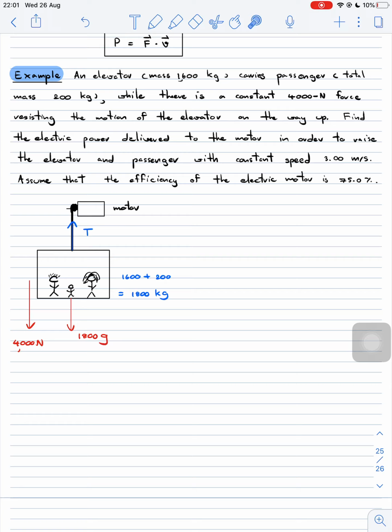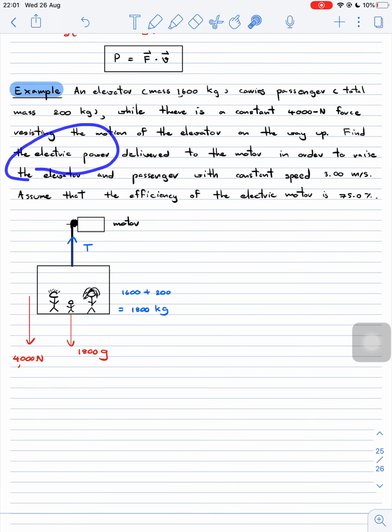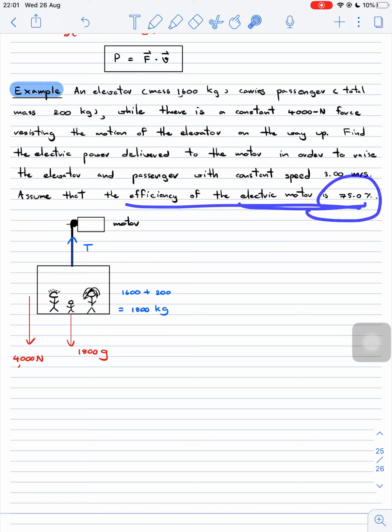Okay, so now we just want to find the electric power delivered to the motor here.